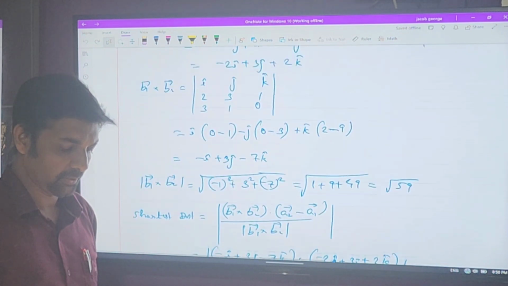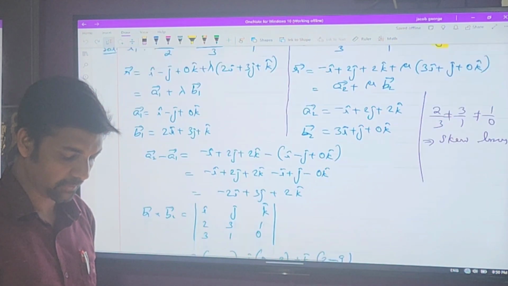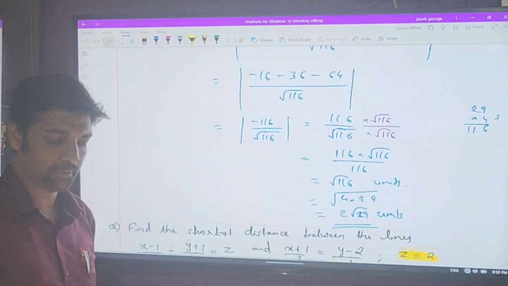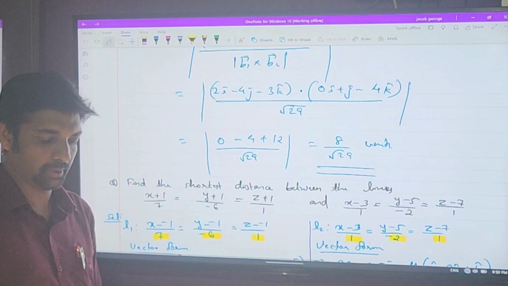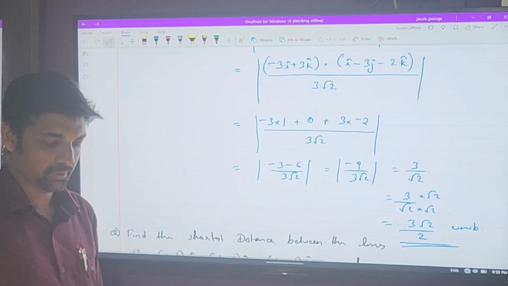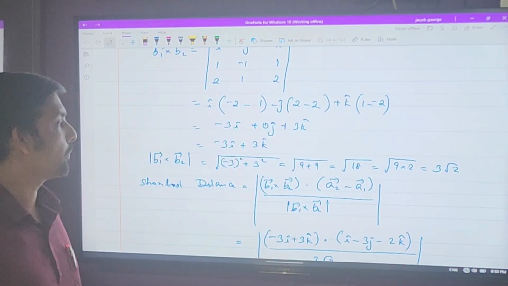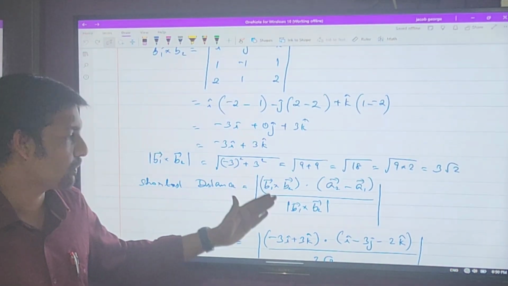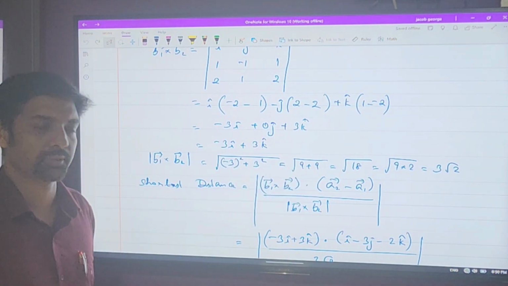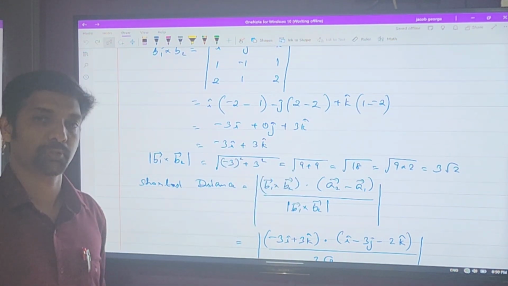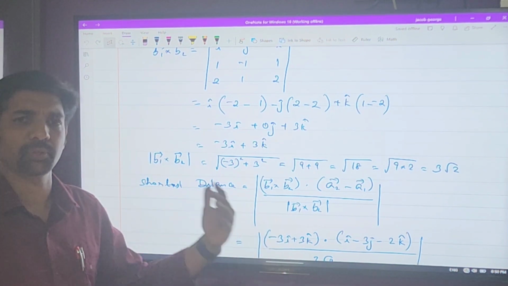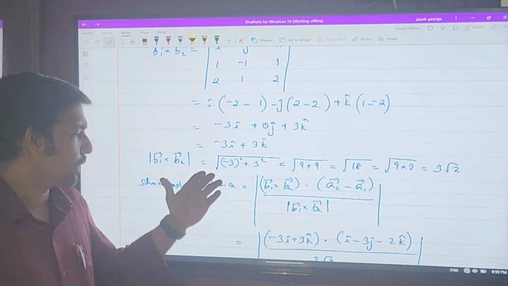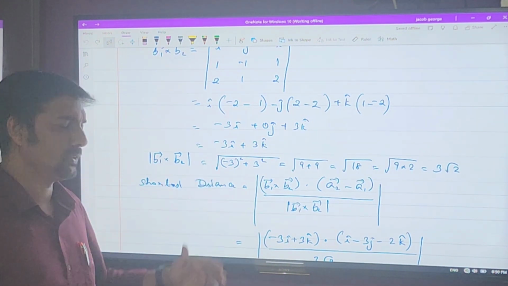And for skew lines, you will use this formula to find the shortest distance: modulus of vector b1 cross b2 dot vector a2 minus a1 by modulus of vector b1 cross b2. Whether it is vector form or Cartesian form, this formula is enough. If you get Cartesian form, you will convert it into vector form and you can easily use this formula.